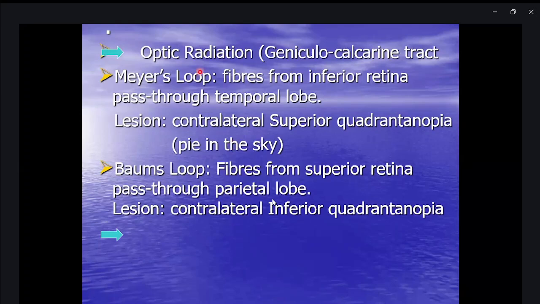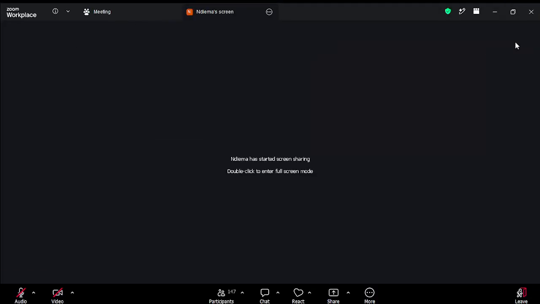Then you end up with a pie in the sky. Then you have contralateral homonymous hemianopia because they represent fibers from the opposite eye.